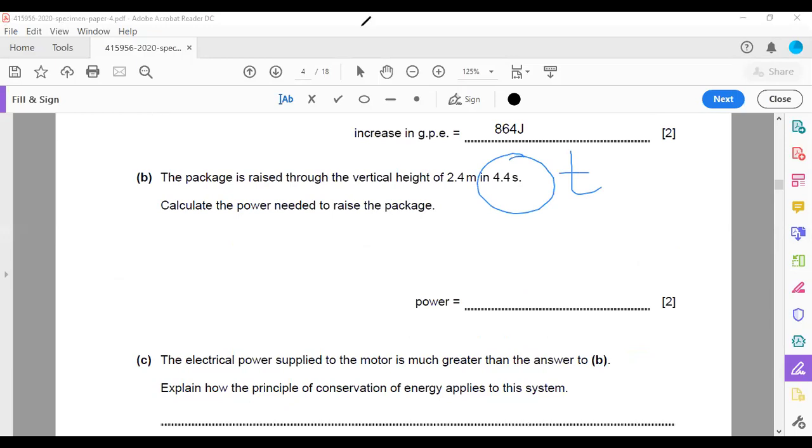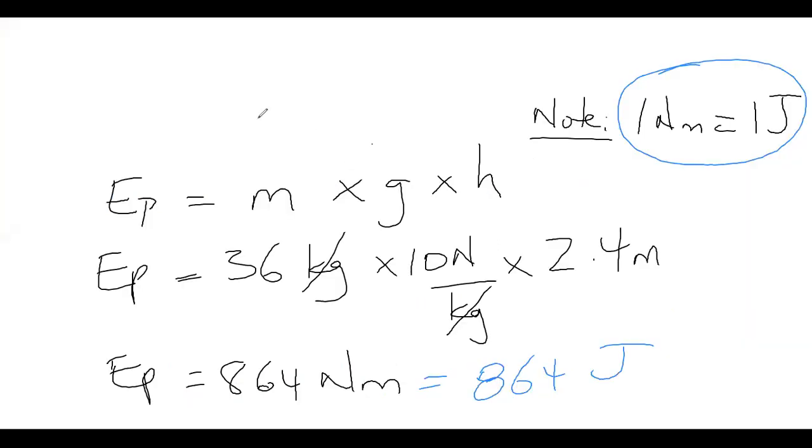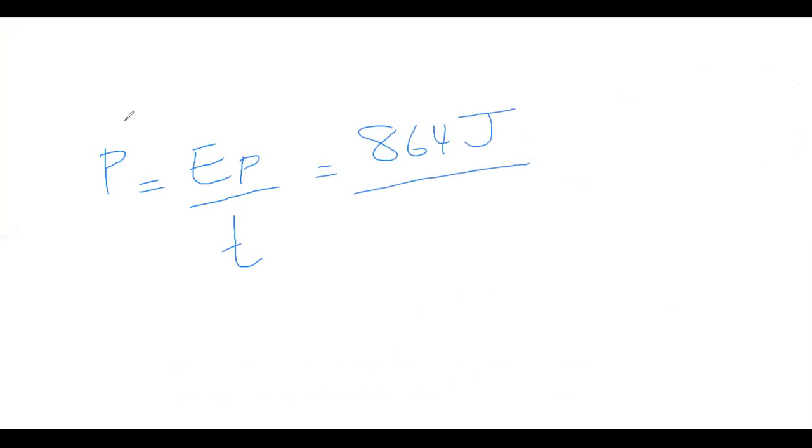Power is energy divided by time. So power is equal to EP, or potential energy, divided by time. The only energy we had was potential energy, 864 joules, over your time of 4.4 seconds.